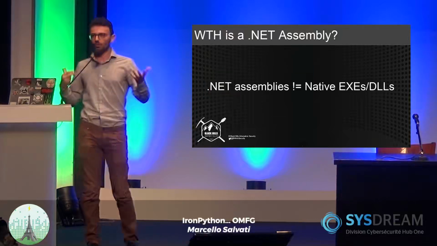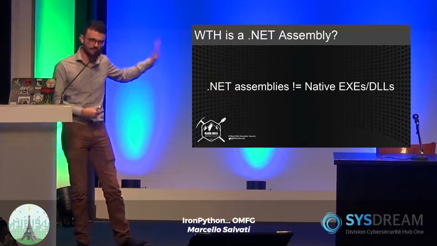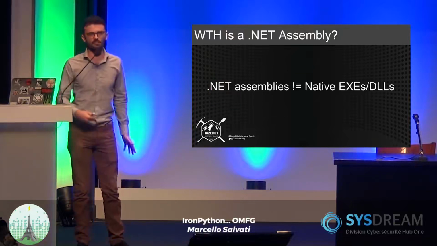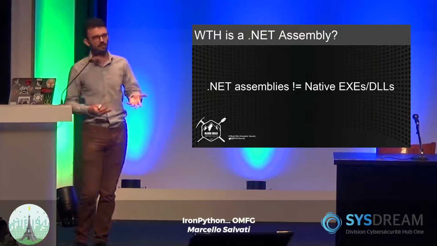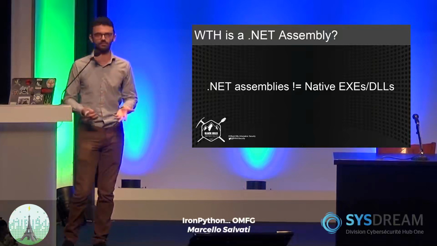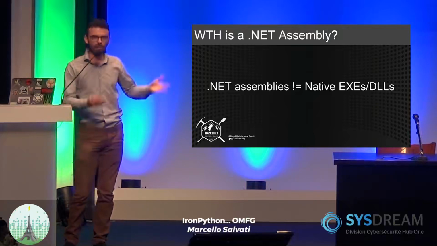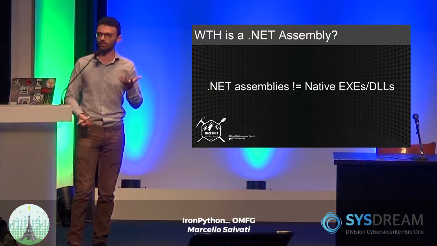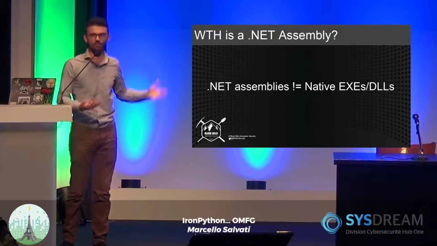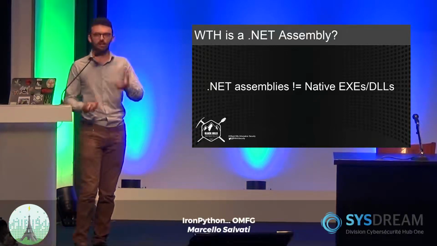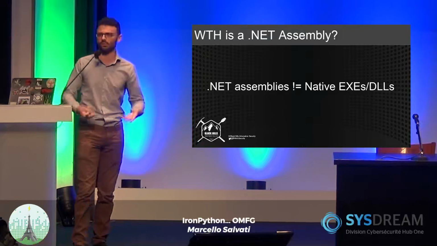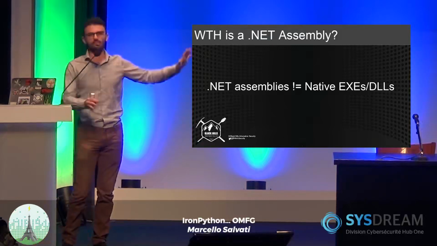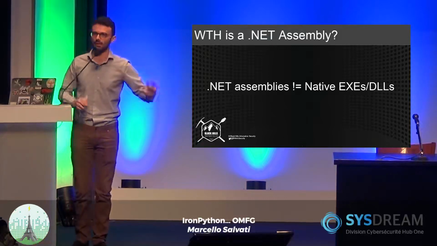Another important concept to understand is that .NET assemblies are not the same as native executables and DLLs. The format is basically completely different. In the .NET world, we say managed and unmanaged code, managed code being any code based on the .NET framework. Unmanaged code is stuff like C or C++ that's completely separate from the CLR and the .NET framework itself.